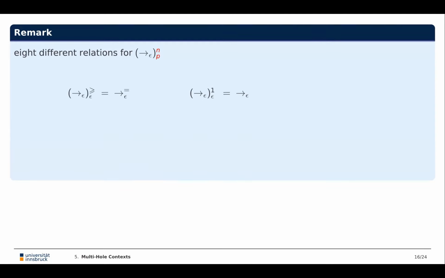If we then allow multiple holes or have no restriction on the number of holes, this means we can also have a context without any holes, which means we have the reflexive closure of this root step relation. And if we restrict such that we have at least one hole, well, since we also restrict the position to the root, this means we have exactly one hole, and it's just the root step relation.